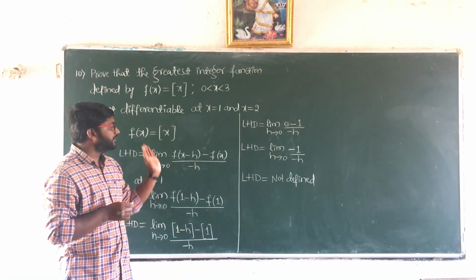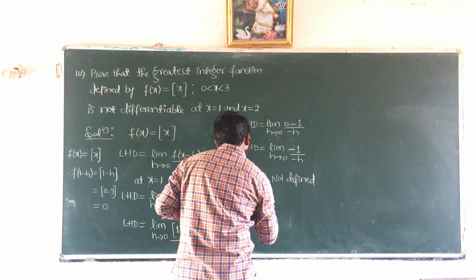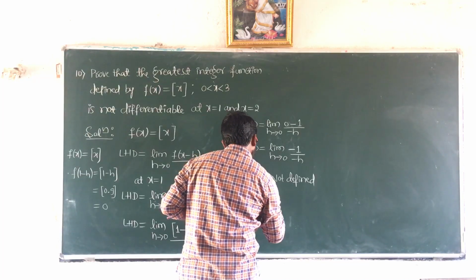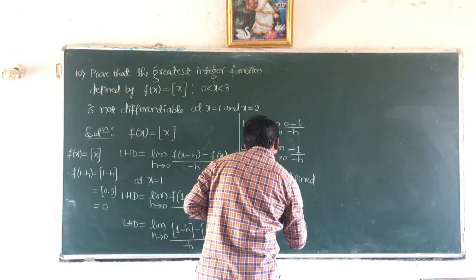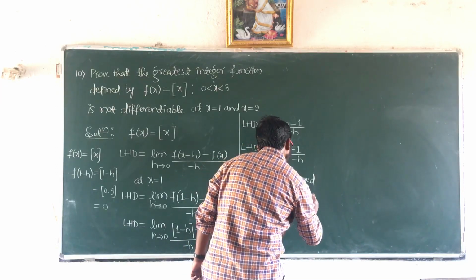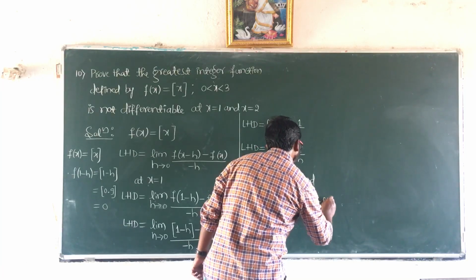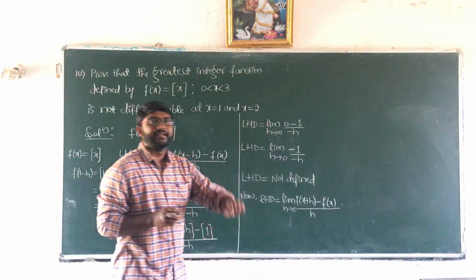Now I will go for the right hand derivative. RHD is equal to limit h tends to 0 of f of x plus h minus f of x divided by h. So this is the right hand derivative.